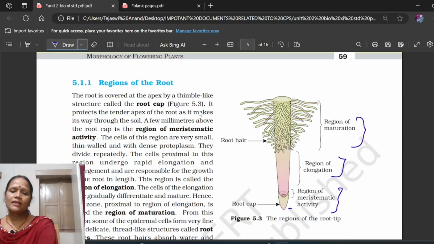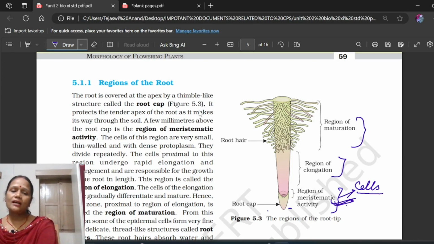So what is meristematic activity? You have studied meristematic tissue in standard 9 also. The cells that lose the capacity to divide are called permanent tissue. But cells having the capacity to divide, they don't lose it, so they are called meristematic tissue.